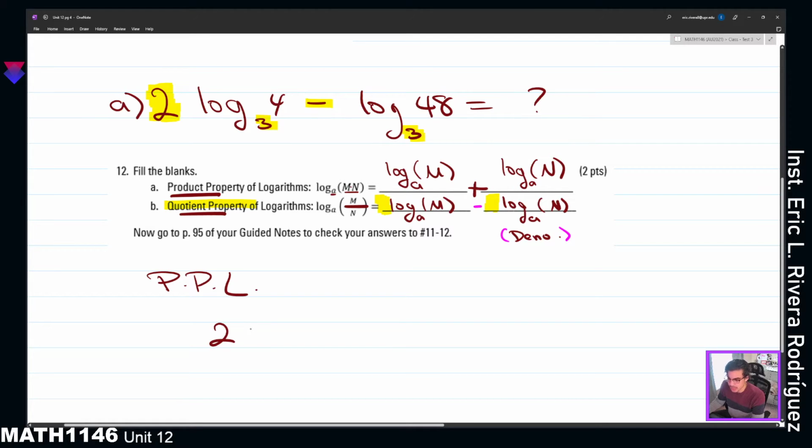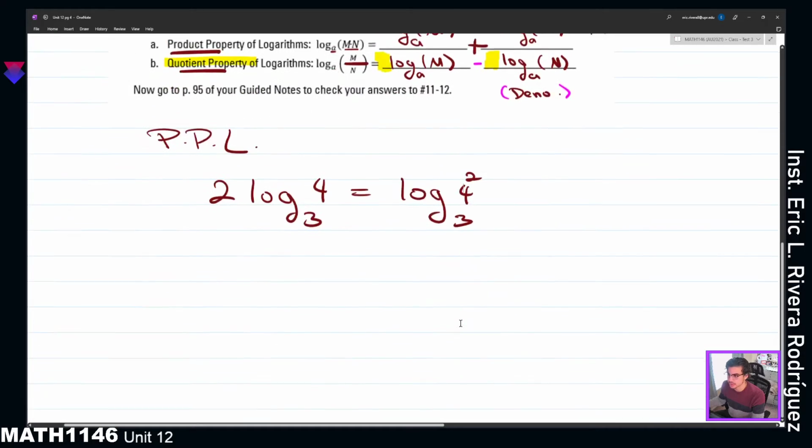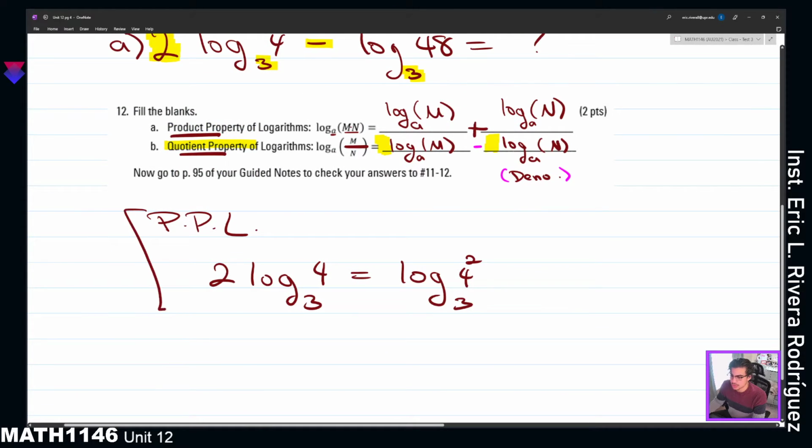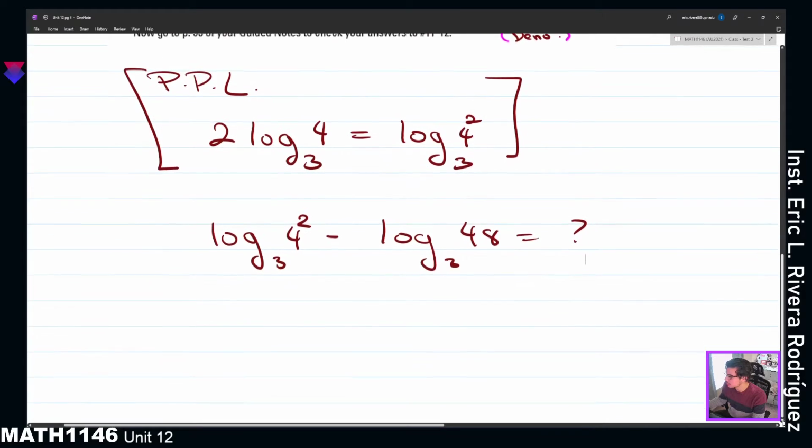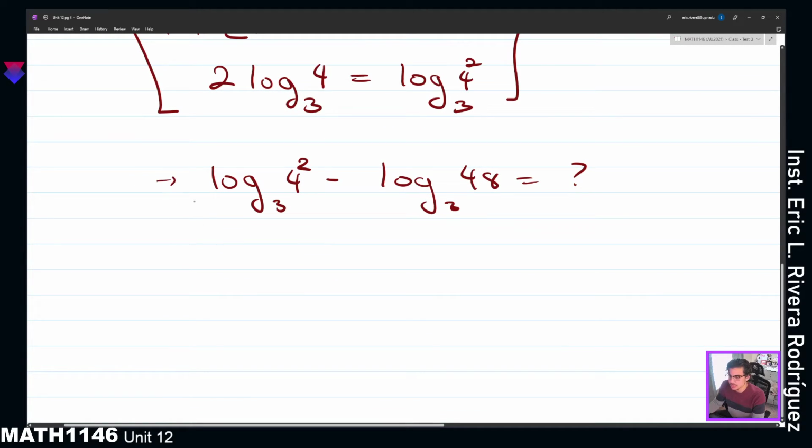So I'm just focusing on the first term. You are going to take that 2 and it's going to be the exponent of the argument. So using this, now we have the following: log base 3 of 4 raised to the power of 2 minus log base 3 of 48 equals, that is something that we need to evaluate now. Okay, so let me evaluate 4 raised to the power of 2, that is 16.